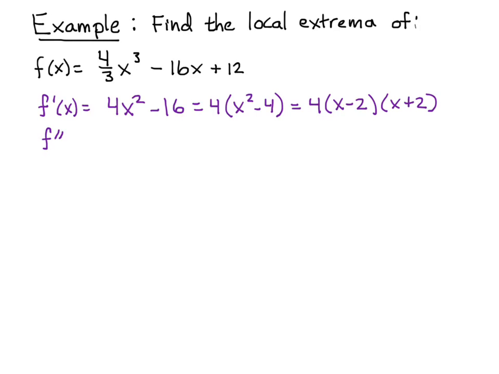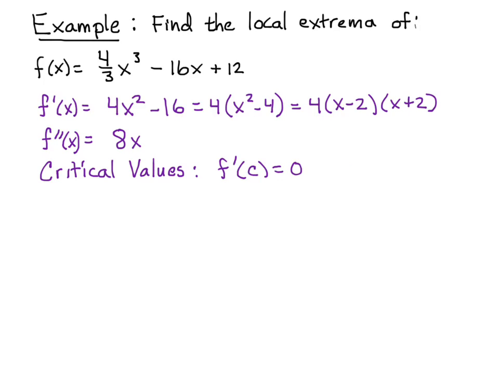Now let's take the second derivative, and we'll just use the unfactored form of the derivative here, because that's the easy one to take the second derivative of, and so the second derivative is just going to be 8x. And so the critical values we know are going to be 2 and negative 2. That's what the factoring tells us.